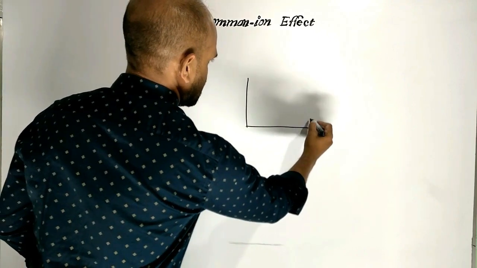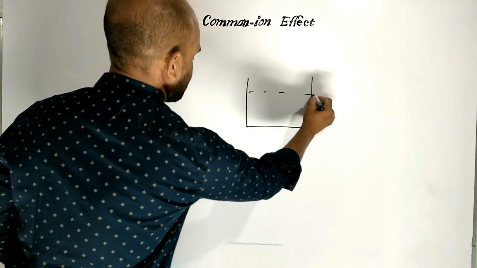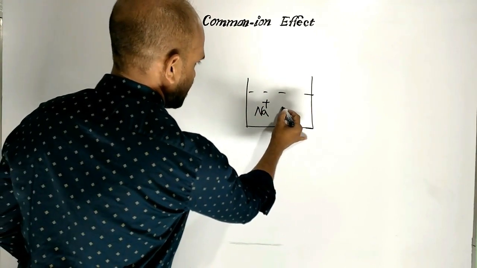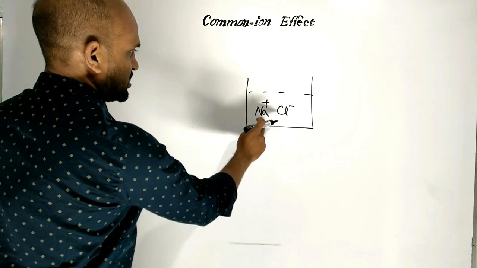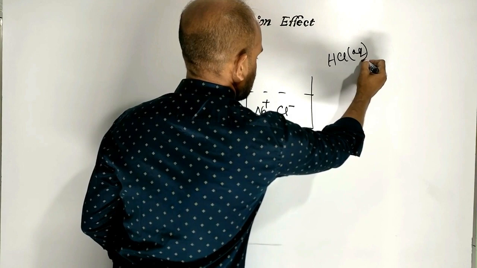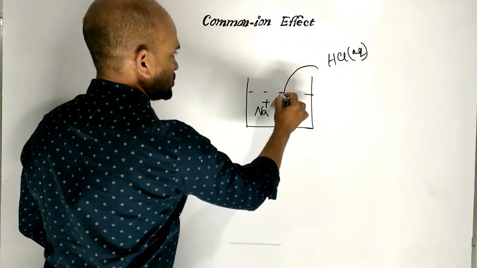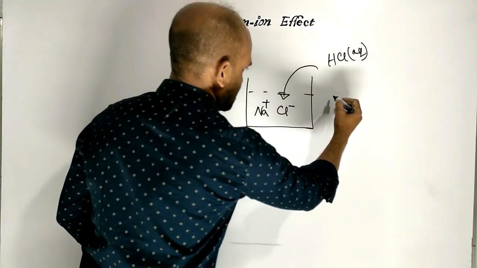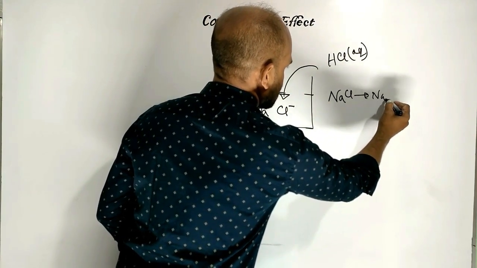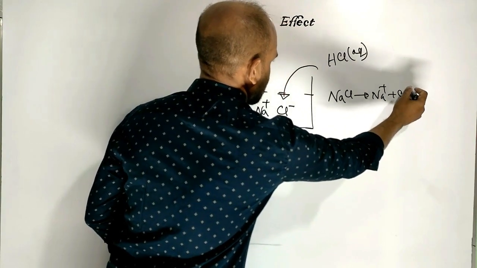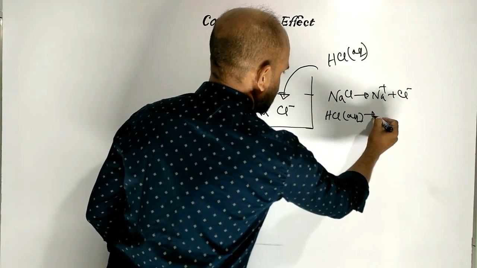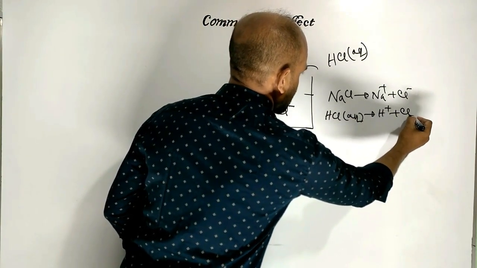Suppose this is solution of sodium chloride. Sodium chloride ionizes to sodium ion and chloride ion. When hydrochloric acid is added to this solution, sodium chloride produces sodium ion and chloride ion, and hydrochloric acid produces proton and chloride ion.